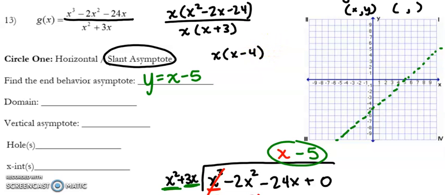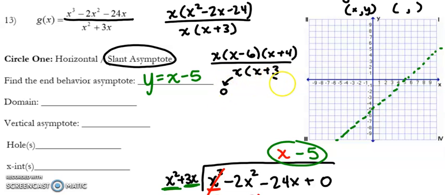We have x, geez, I'm struggling with my factoring. x minus 6, x plus 4, all over x and x plus 3. So my domain, I've got a problem at 0 and I've got a problem at negative 3. So my domain is everything else. Negative infinity to negative 3, negative 3 to 0, 0 to infinity.